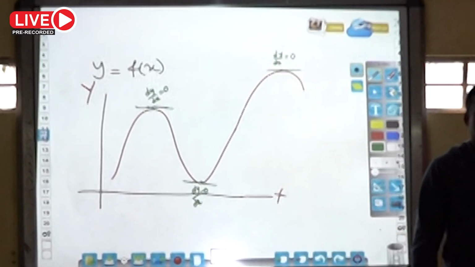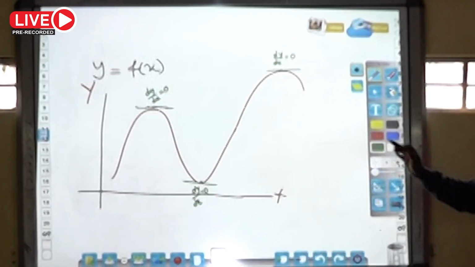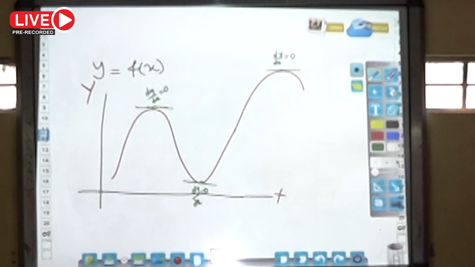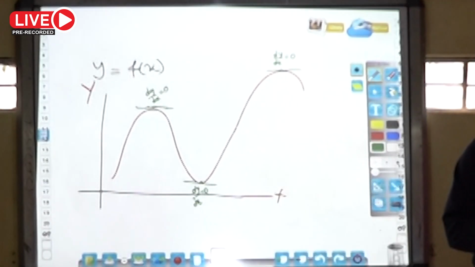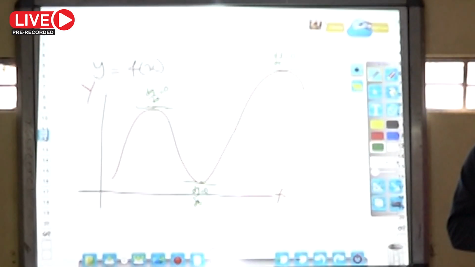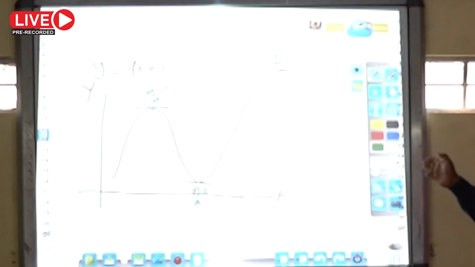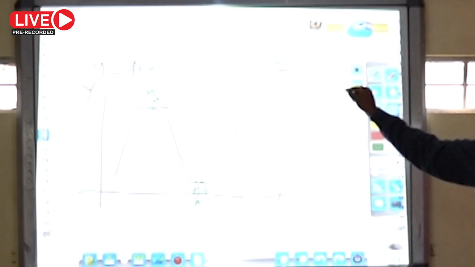Now if I have that function, and this graph is arbitrarily given to you, but suppose a very complicated function is given to you, can you plot the graph easily? In this graph we can see the graph and find out at which points the tangent will be horizontal.